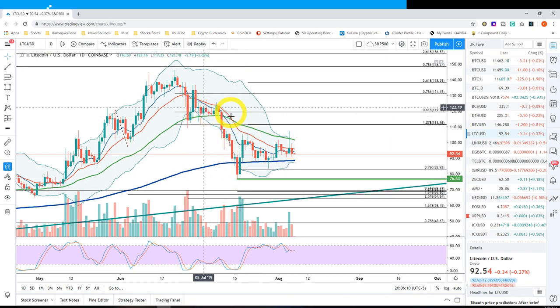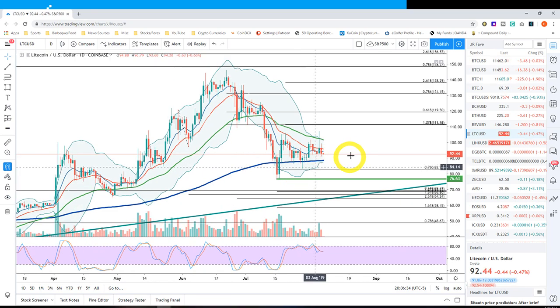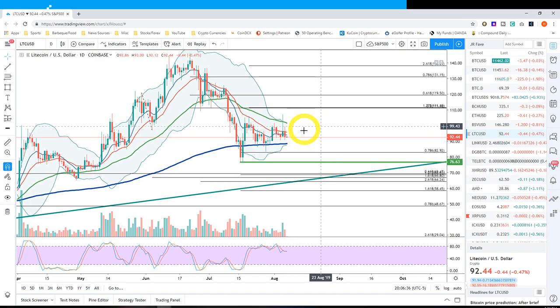So my thinking was that maybe it's going to do the same thing. Drop, go sideways, and then go up in reverse, right? This one went down. Maybe this one goes sideways and then goes up. That was my thinking. And as long as it holds the 200-day moving average, or even better, the 78.6, then I think things are good, right?